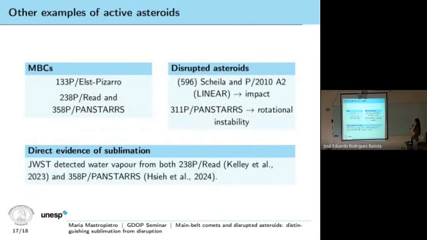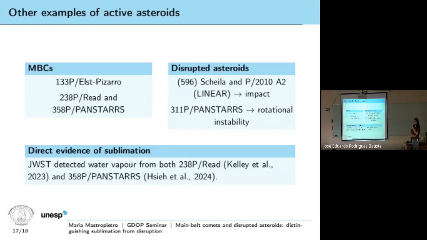Other examples of active asteroids are, for example, 133P Pizarro, which is the first main belt comet, discovered in 1996. 238P Reed and 358P Pan-STARRS were observed in recent years with the James Webb Telescope, and it detected water vapor.